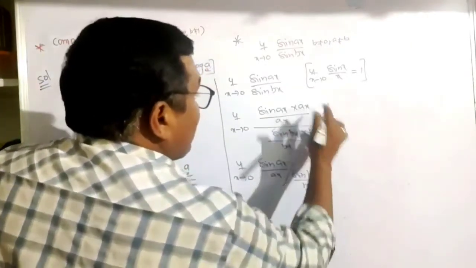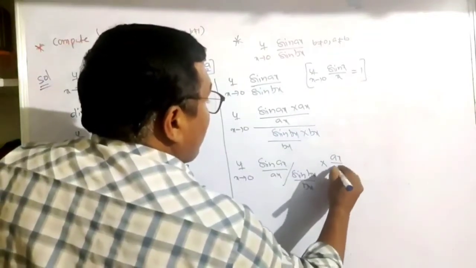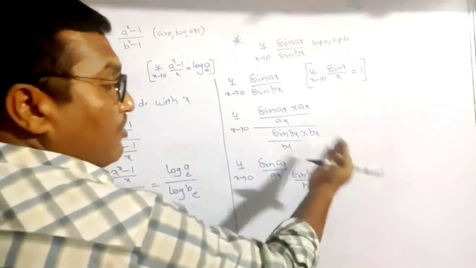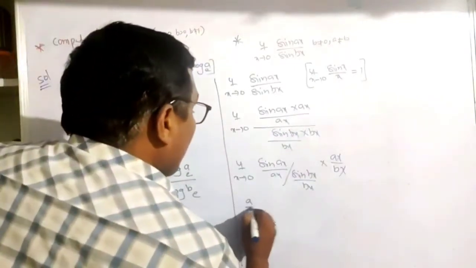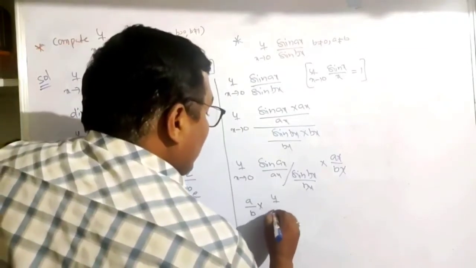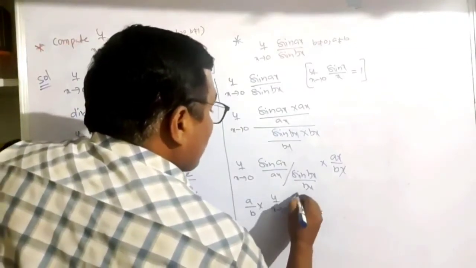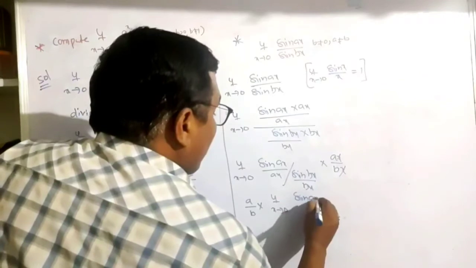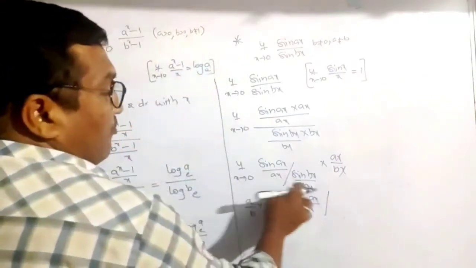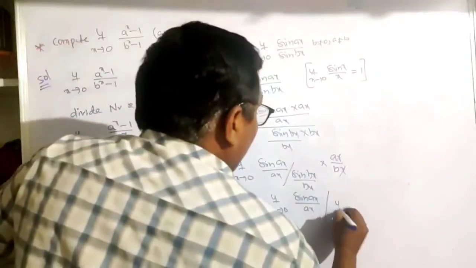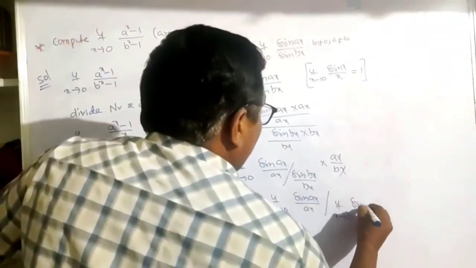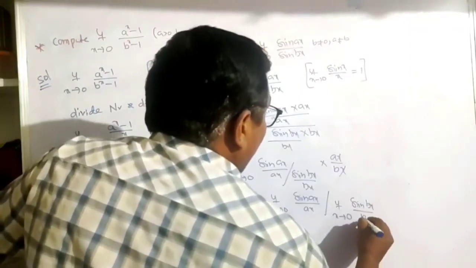Here we have ax and bx, and x cancels here. Now take the a by b outside. Therefore, a by b into limit as x tends to 0 of sin ax by ax, by, apply the limit for this also, limit as x tends to 0 of sin bx by bx.